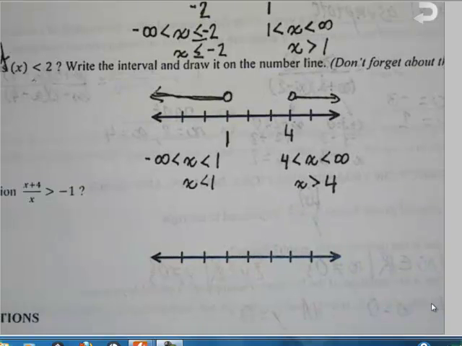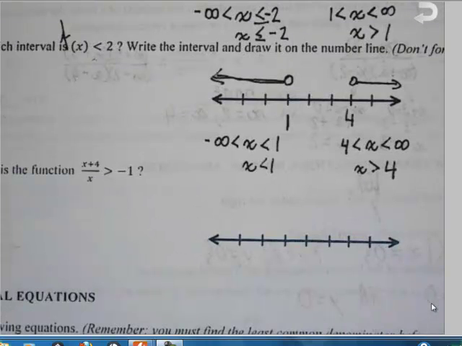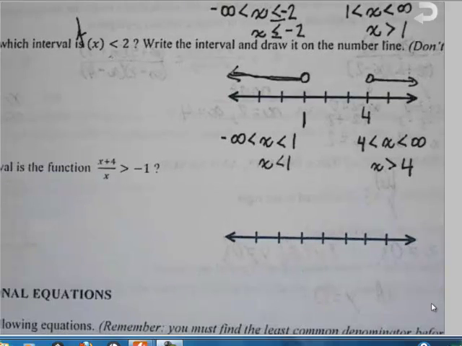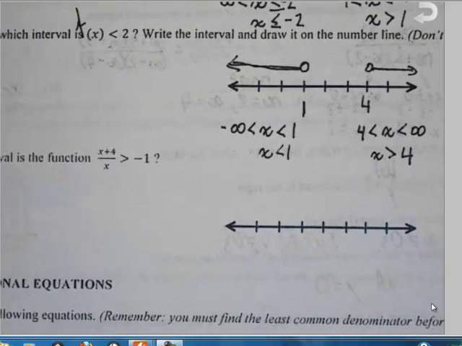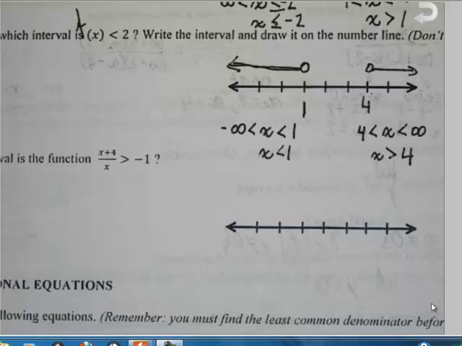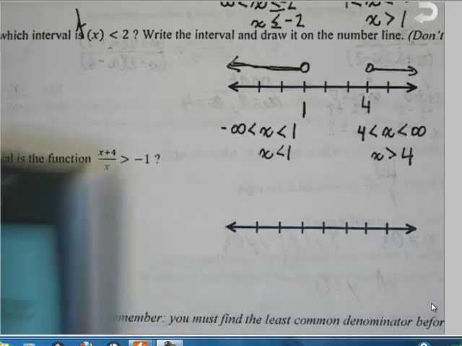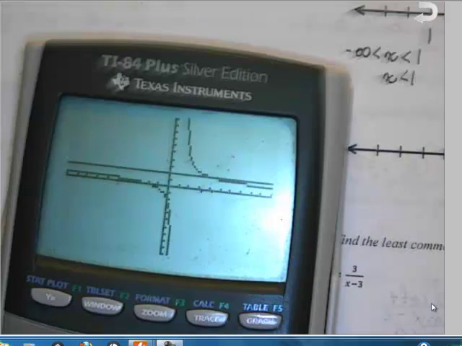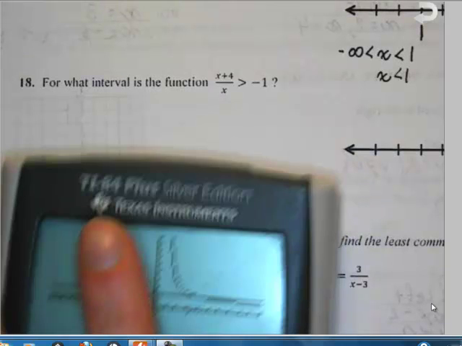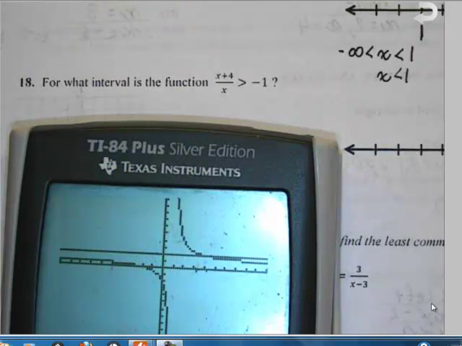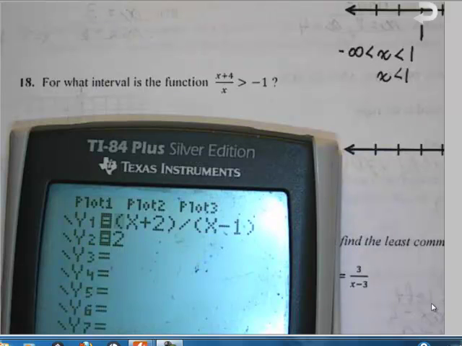Now, the last one is a little bit more tasty insofar as instead of giving you the function before, you are going to have to write a new function. But the principle is fundamentally the same. You will go back to your calculator and change it up. Here you have a different constant function and a different rational function.